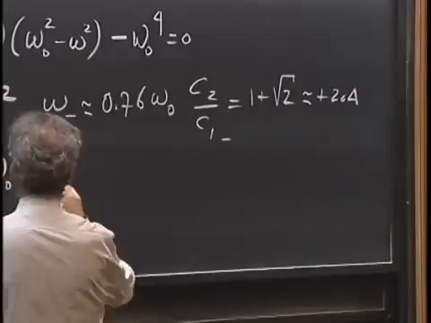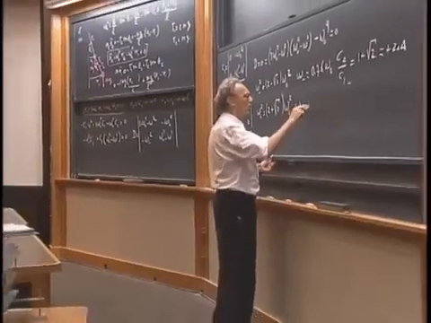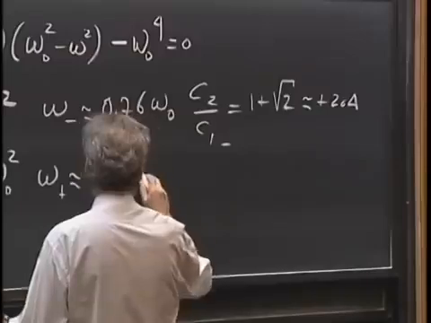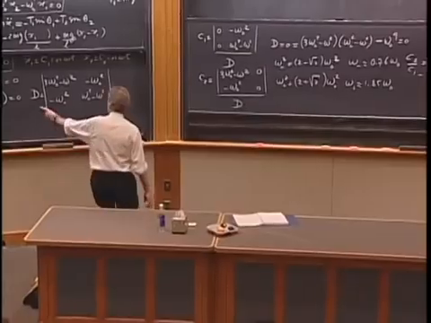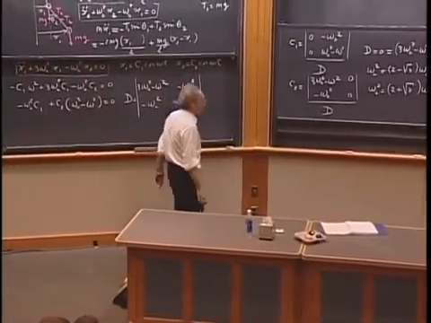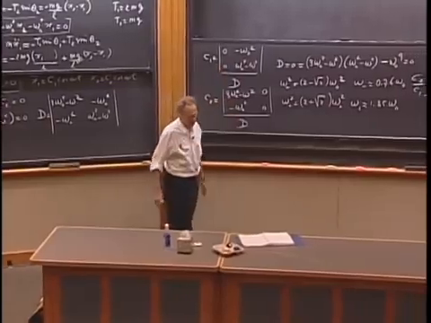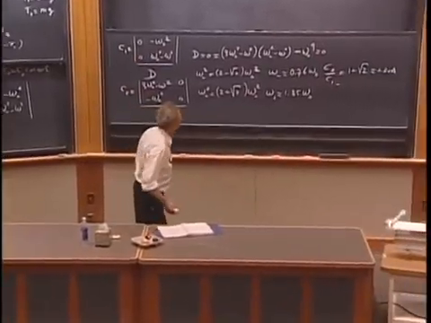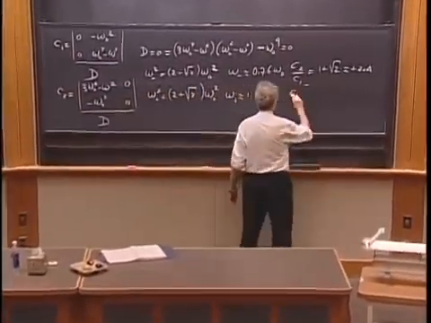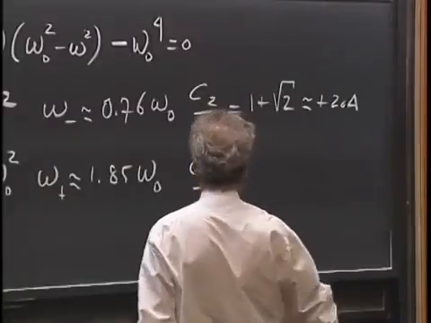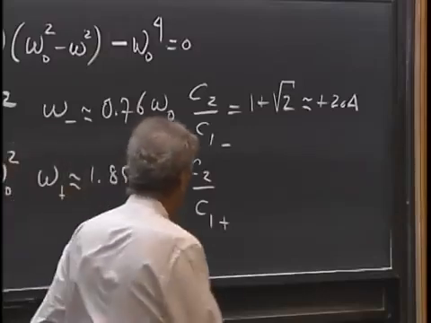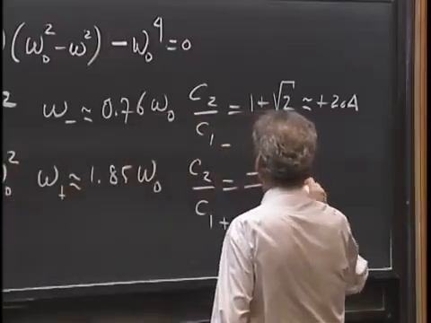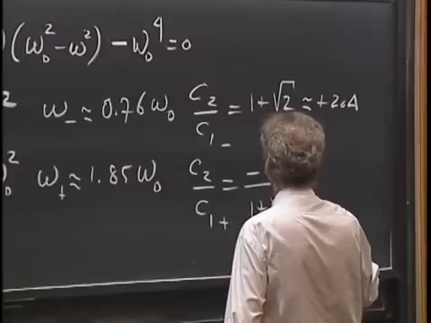And the omega plus solution gives you a frequency which is about 0.85 omega 0. That solution you can put back into your equations, into this one, or into this if you want to, and you will find now that C2 over C1 for that plus mode, I call this the plus mode, that's my shorthand notation, is going to be minus 1 divided by 1 plus the square root of 2.